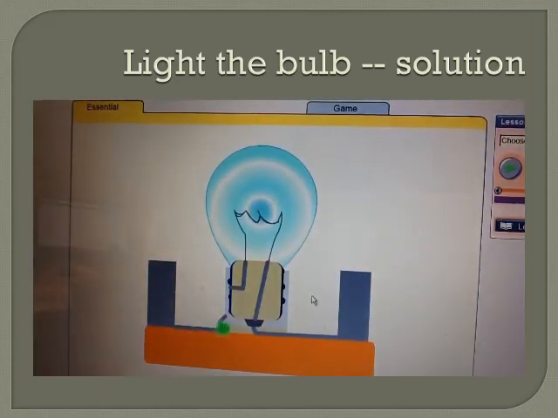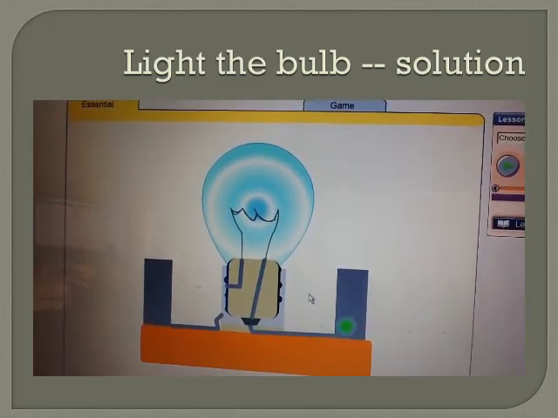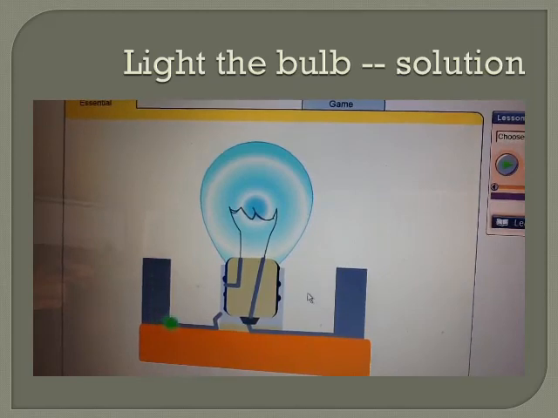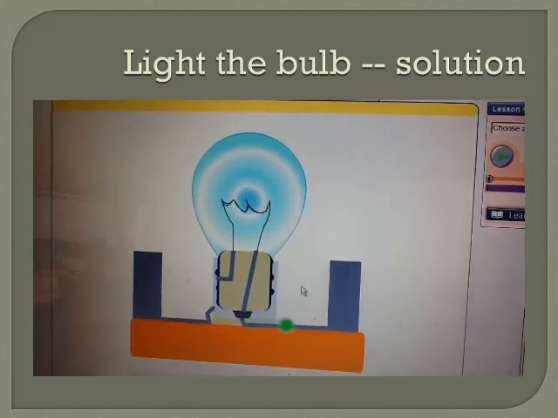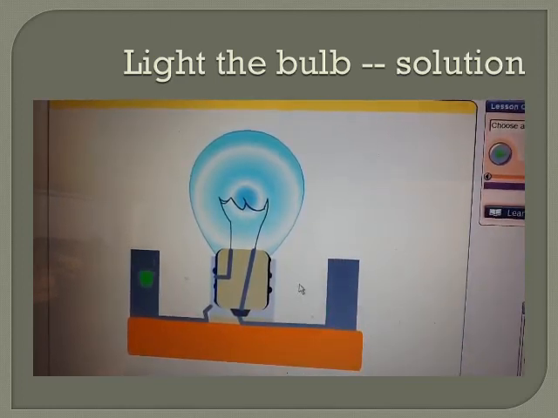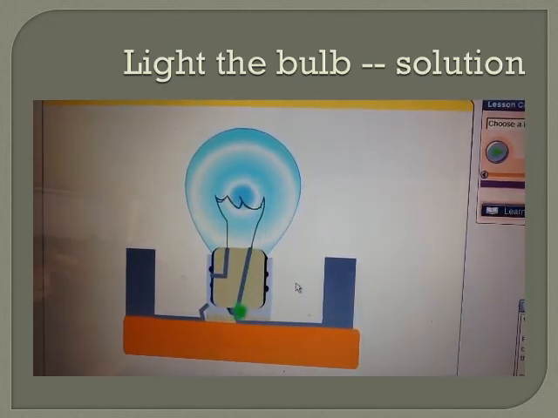So when electrical energy carried by electrons moves through the one wire and through the filament and down through the other post and out the nub and into the other part of your light bulb holder, you have a complete circuit. Notice there's one full complete path for the electrical energy to travel.